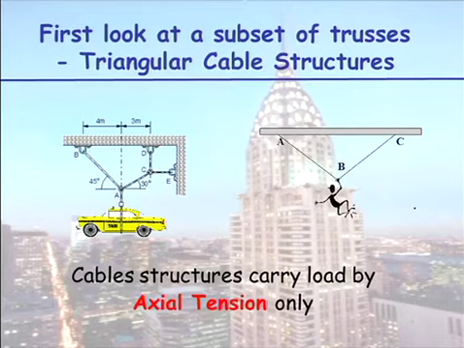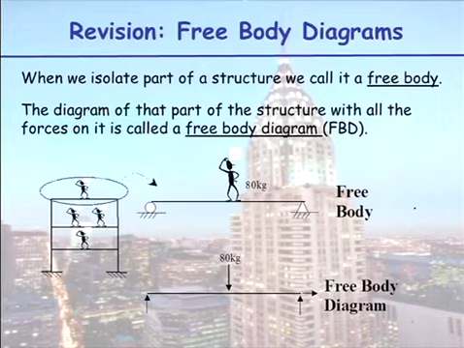Okay, so how do we calculate these forces? We use free body diagrams. Remember what a free body diagram is? When we isolate part of a structure, we call it a free body. Here we've taken the top floor of our building and looked at the connections, and we've said one end is a roller and one end is a pin.